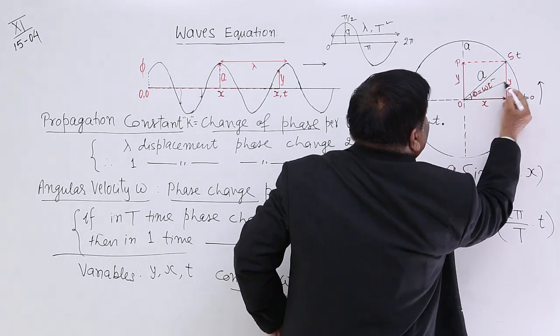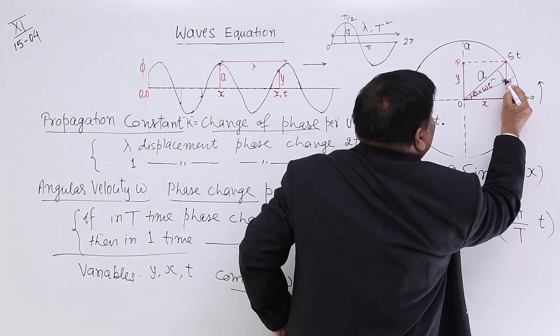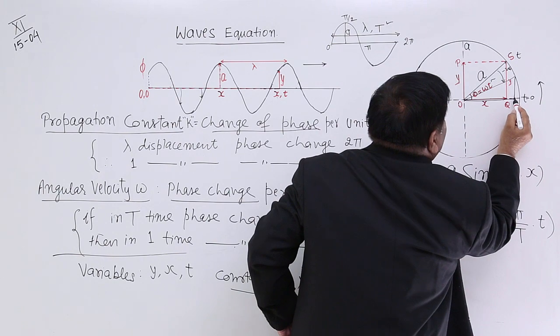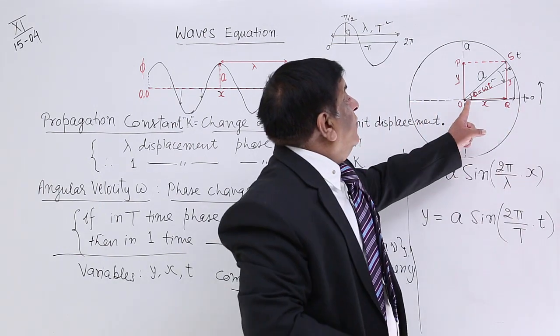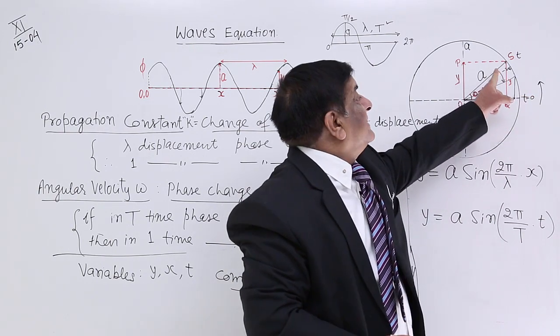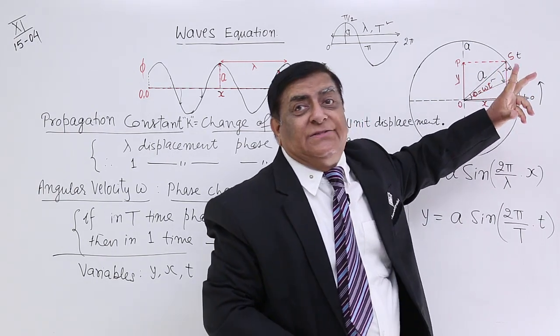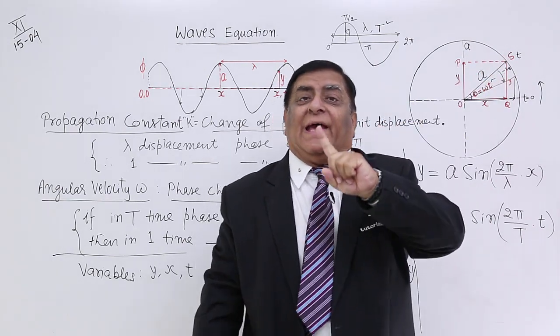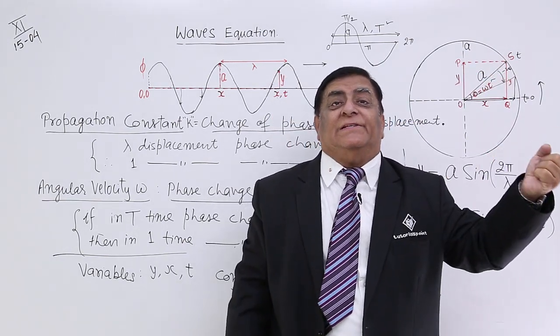X will increase. If omega t is negative, x will increase. So when x is increasing in positive direction, what is happening to omega t? The phase is decreasing. So when x is positive, the phase is negative.